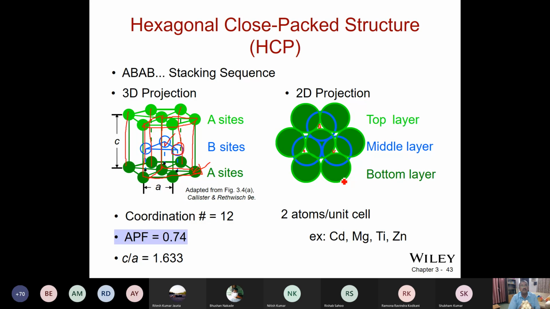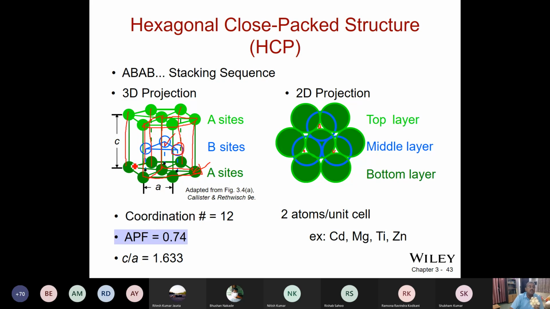And this sequence is called A, B, A, B stacking. A atoms are the dark green ones. B atoms sit at the alternate valley positions between the dark green A atoms. And where does the light green one sit?